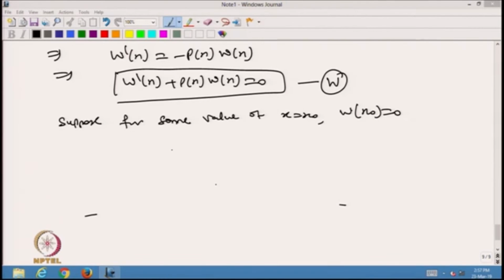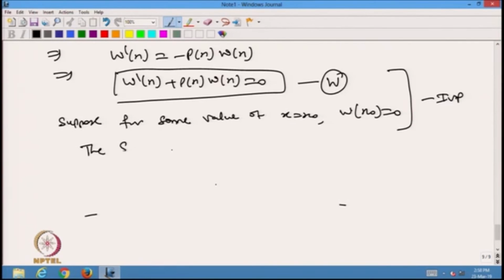Can I say that this Wronskian will be 0 forever? So let us say this Wronskian is 0 for some value of x, then it becomes an initial value problem, and we already know how to find the solution.